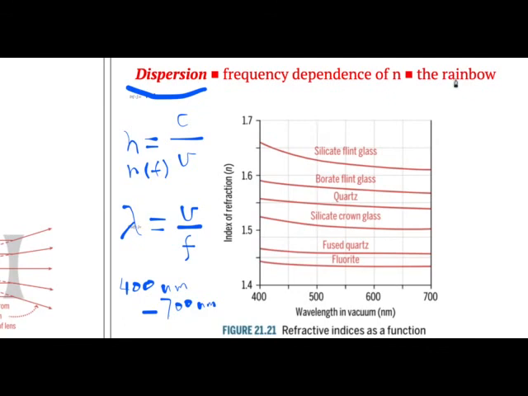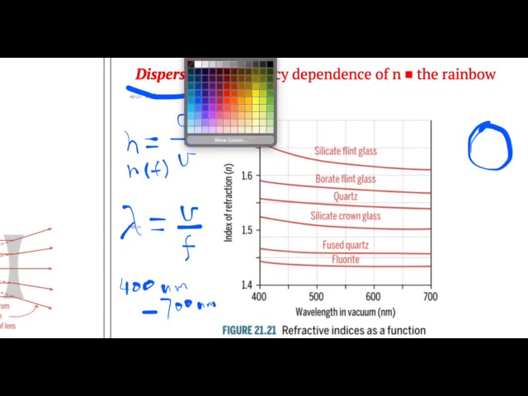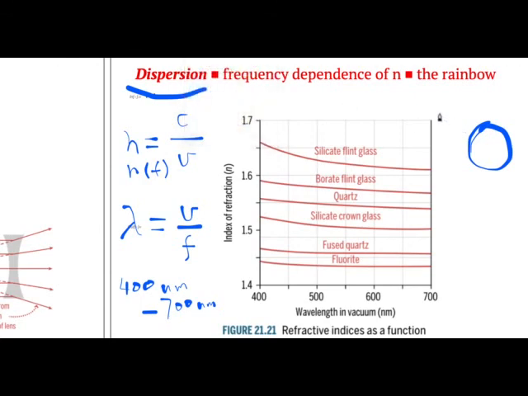A rainbow is the reflection of light through a drop of water. So you have in the atmosphere a drop of water. You have sunlight coming into this drop of water, reflecting off the back surface, and coming down towards the ground.